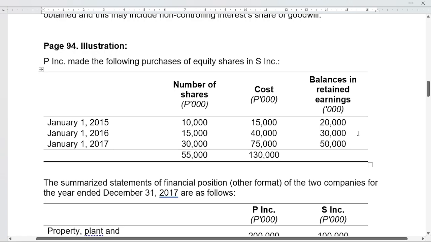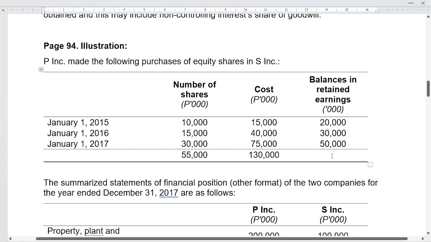Kaninong income yon? Kay S. Doon sa 20,000 na yon, as of December 31, 2016, ha? Magkano ang income ni S? 20,000.